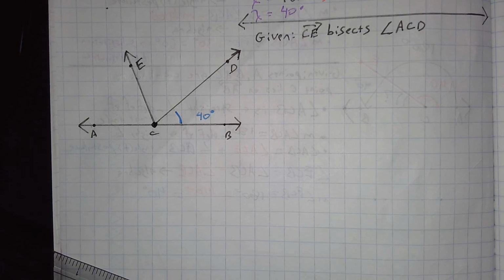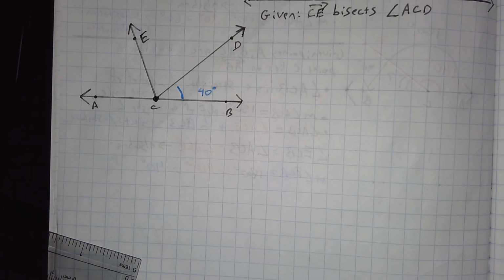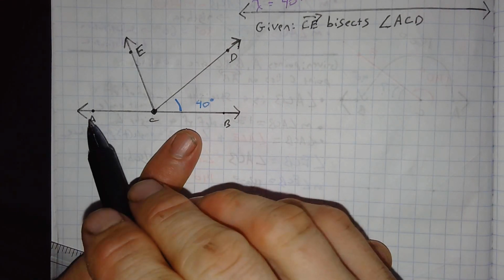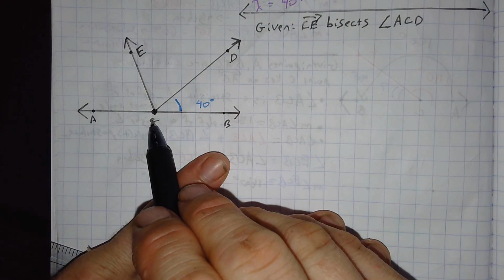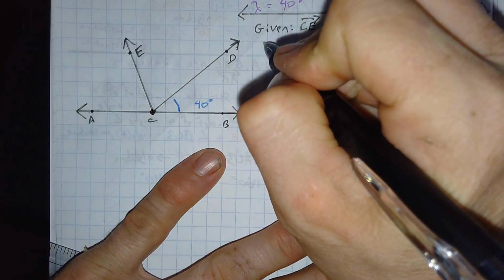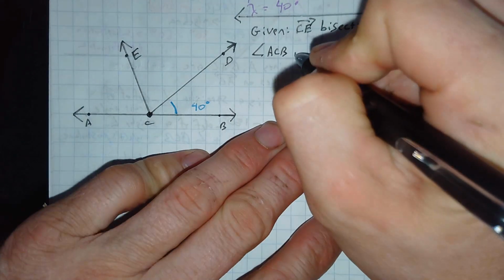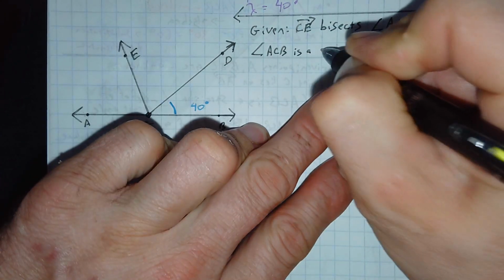All right, so here's another interesting one. I like this one a little bit. So it gives me two givens. It actually gives me three givens here. Can you figure out what the three givens are? All right, well, the first given is that angle ACB is a straight angle.